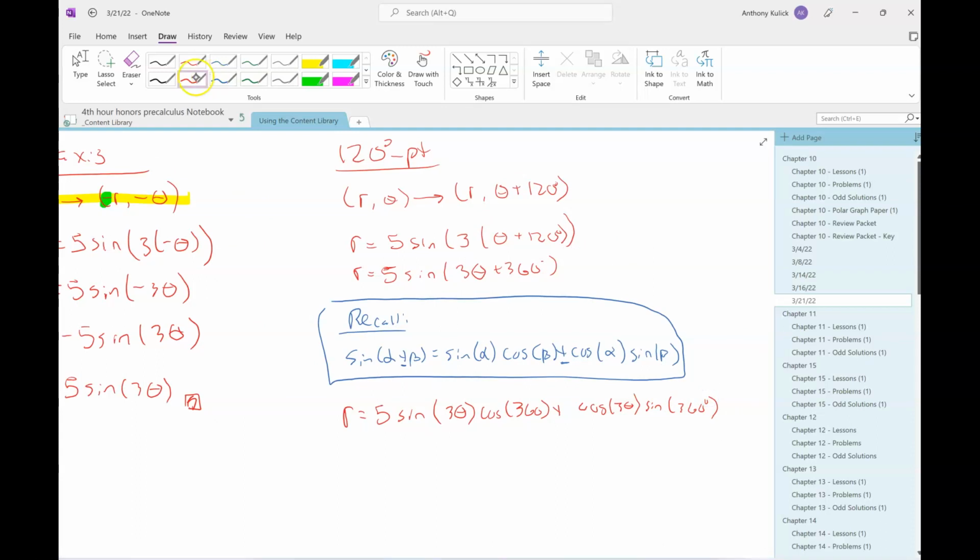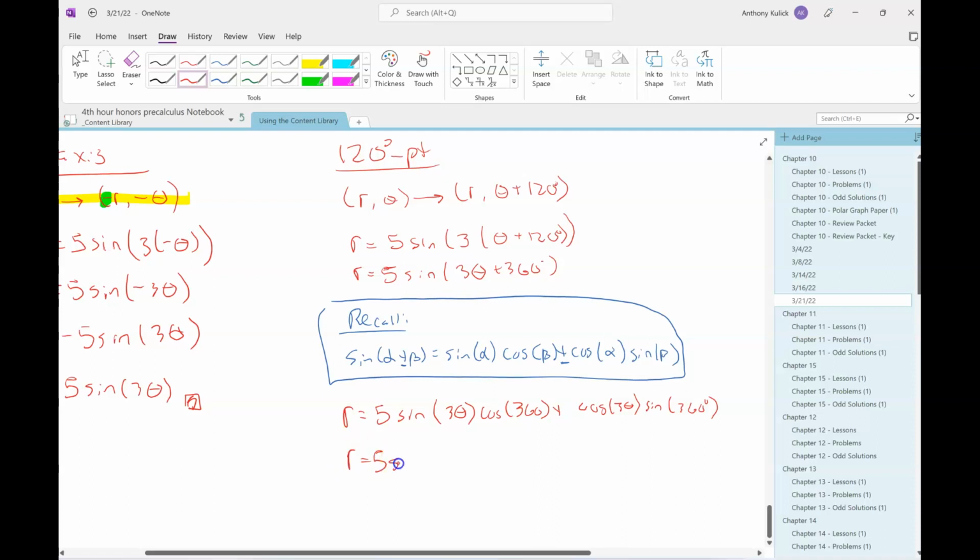Okay, so I use that identity. All right, now what, Mr. Kulik? What do you guys see? Oh, cosine 360. I know what that is. What is it? 1.